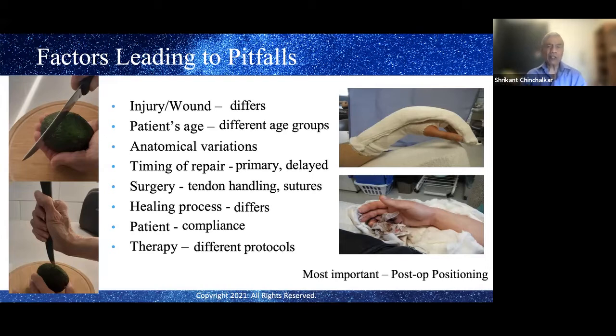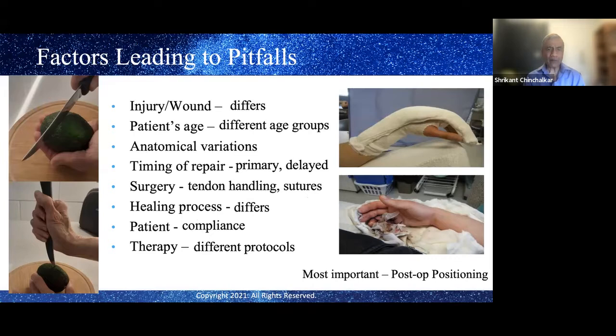It's quite likely the patient may have their tendons repaired in a delayed manner, when they're in the fibroblastic period. So the timing of repair will definitely have an influence on tendon excursion. And then again, the surgeon's skills, how they were taught in terms of handling the tendons and how the sutures are placed. But the most important thing I can emphasize is that not every one of us heals exactly in a copybook style.